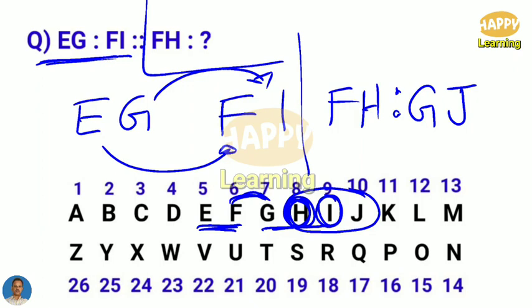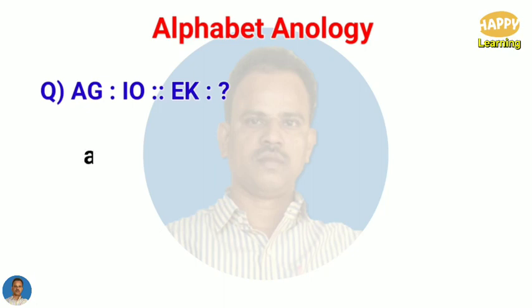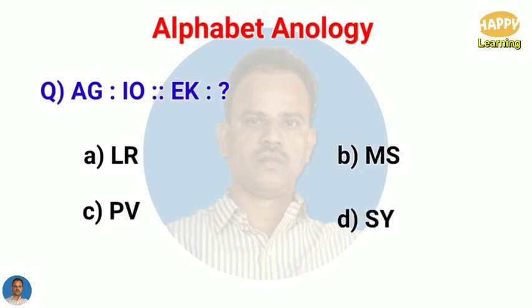Okay, right. AG is proportionate to IO is same as EK is proportionate to dash. Options are LR, MS, PV, SY.